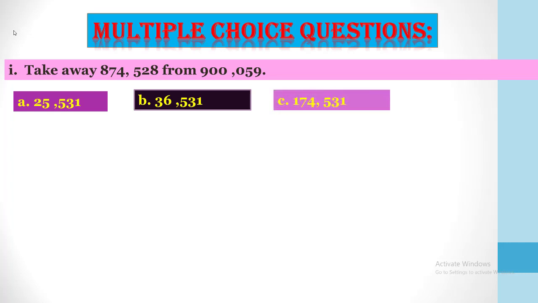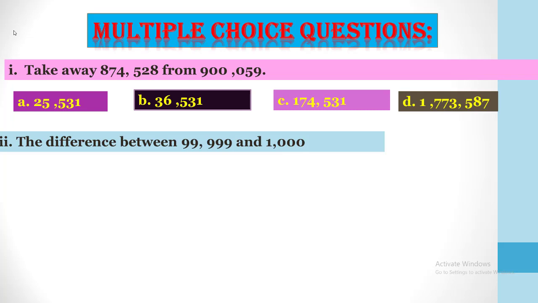Third one is 174,531. And the last one is 1,773,587. Hurry up students. Solve your first question.